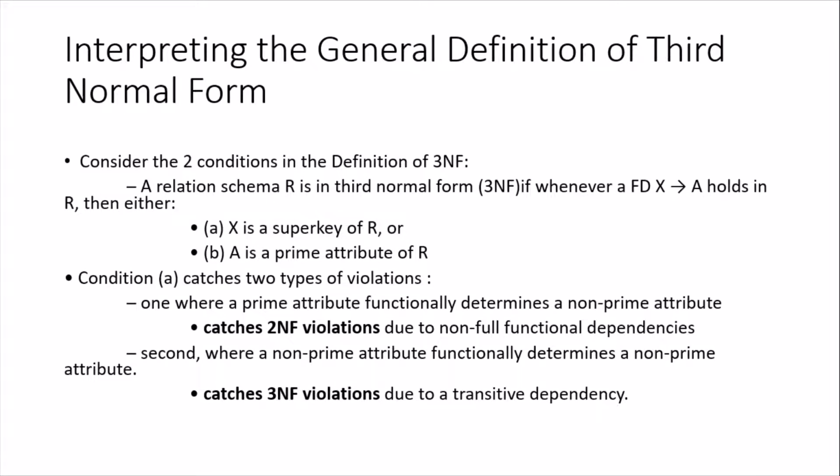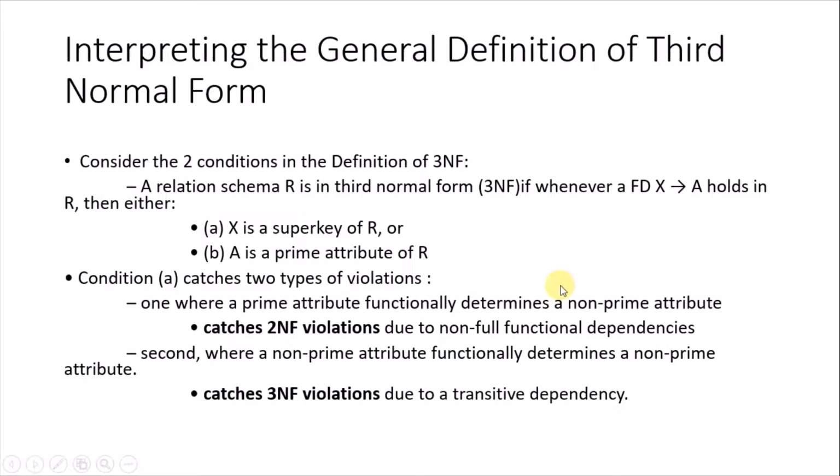And 2NF says that there should be full functional dependency. We are talking of X being a super key of R. X is a super key means that it contains all the attributes in the candidate keys.